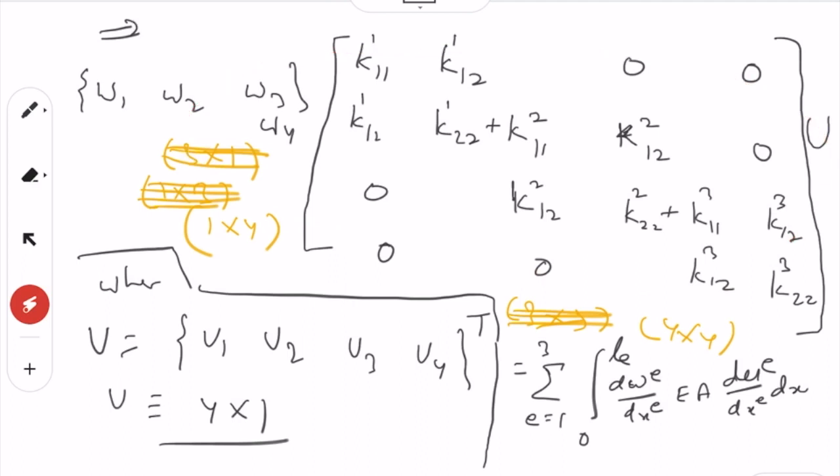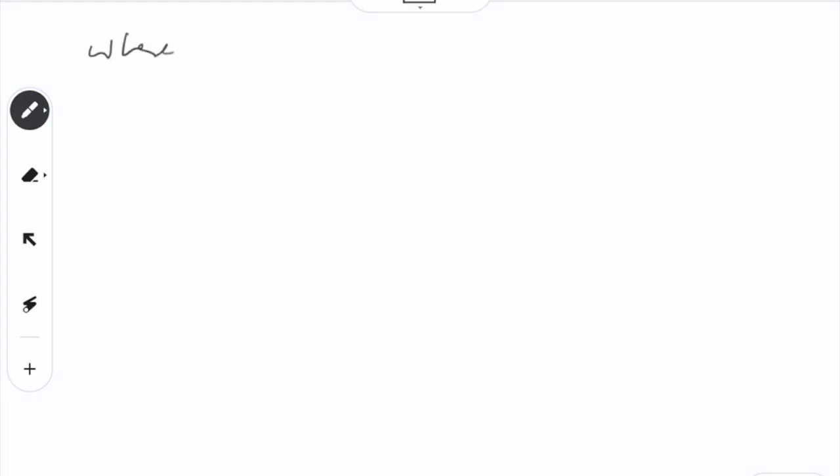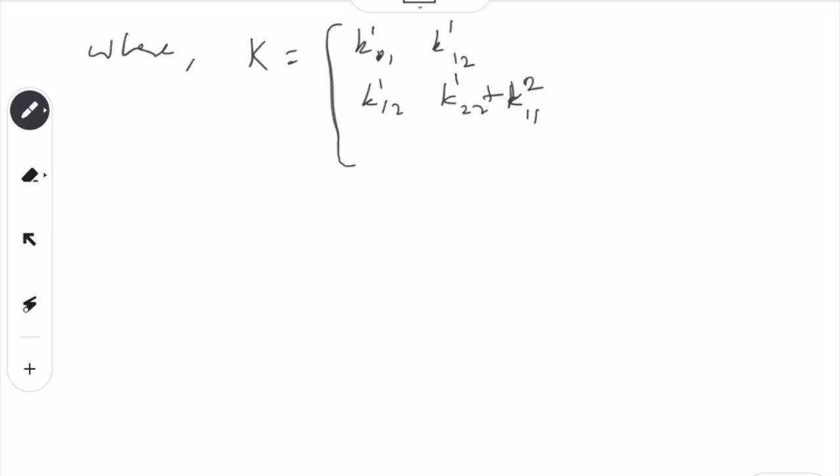It only tells you that K times u equals F, where K is given by the one I wrote earlier: K11 of element 1, K12, K21, K22 of element 1 plus K11 of element 2, and so on.